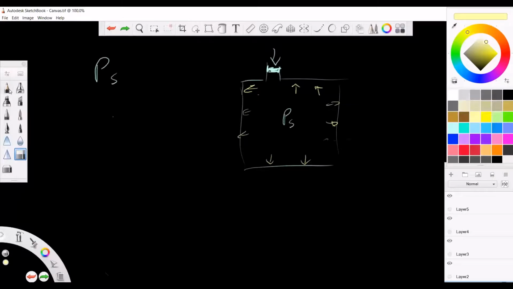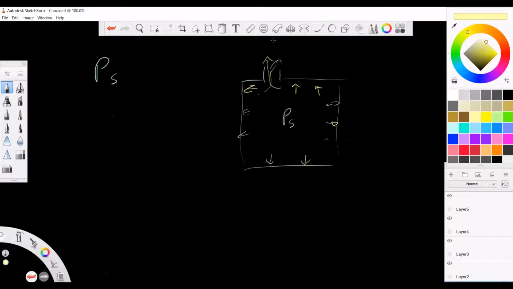Now, what happens if I have done that and I then open that hole up again? What's going to happen is the pressure leaks out here. So if this pressure is higher than the external pressure, then the fluid is going to leak out there, and it's going to jet out there with some speed.